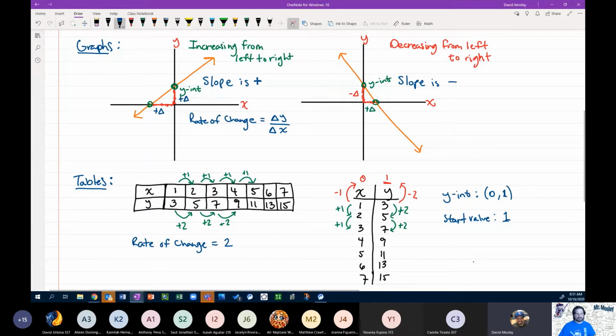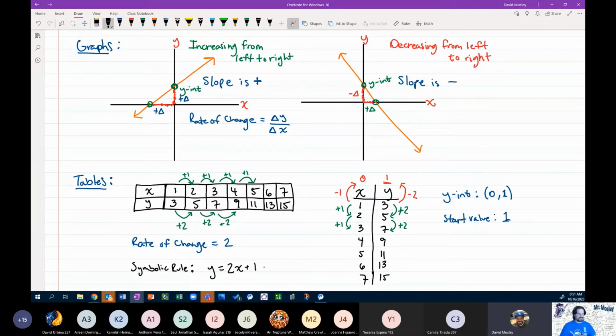Okay. Between these things, we can now write the rule because we have all the parts. We can write our symbolic rule: y equals 2x plus 1.